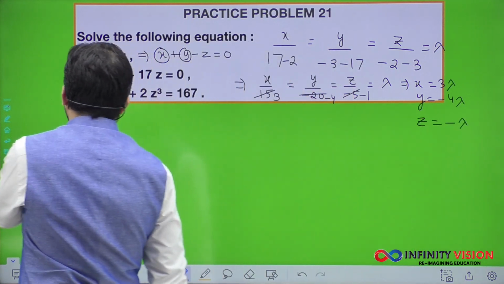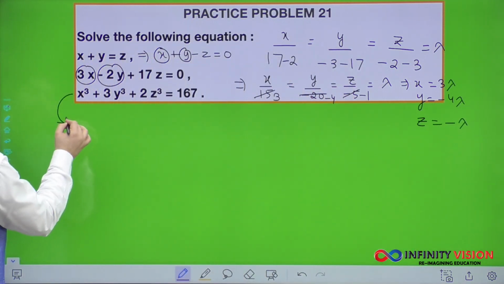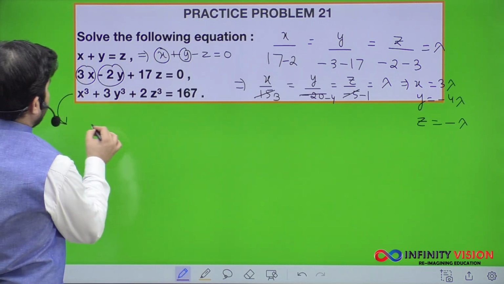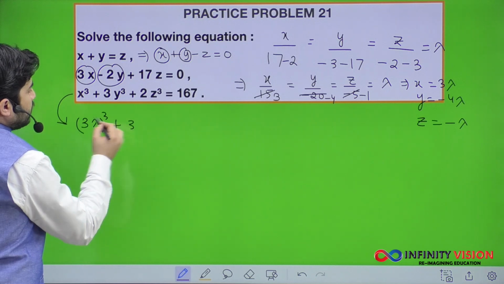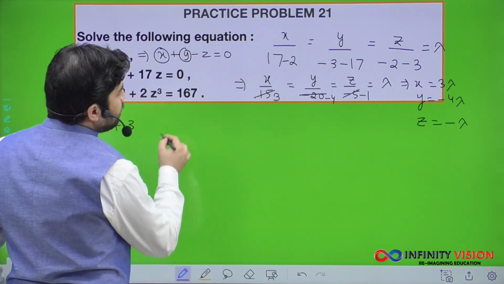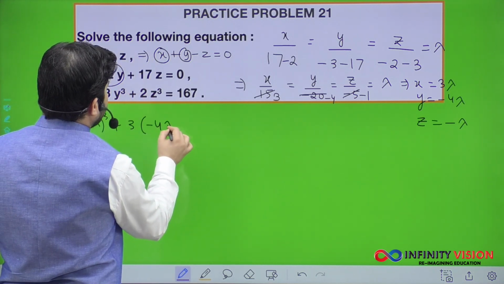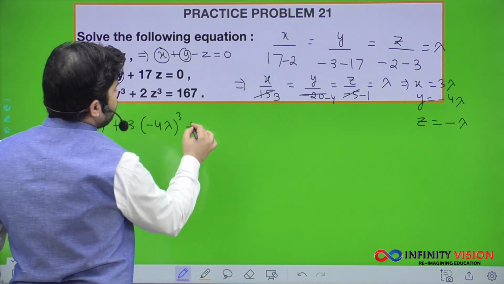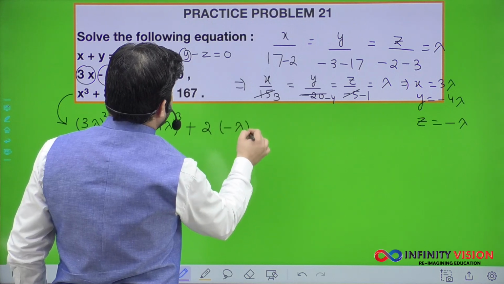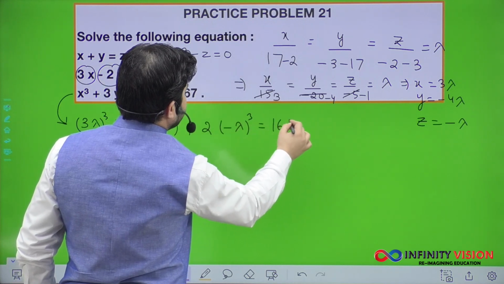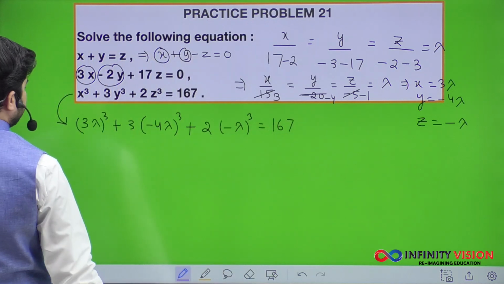I'm just going to replace it. So x cube would become 3 lambda whole cube. Your y cube would become minus 4 lambda cube. And your z cube become minus lambda whole cube equals 167.